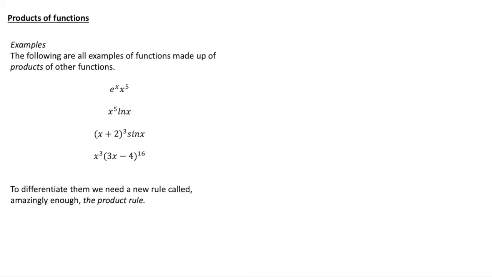To differentiate them we need a new rule, which has the amazing title of the product rule. If we differentiate, d by dx, f of x times g of x, what we get is f of x times g dashed of x plus g of x times f dashed of x.